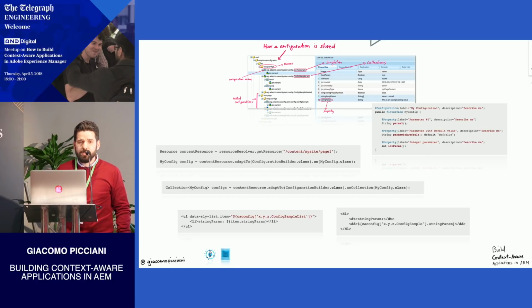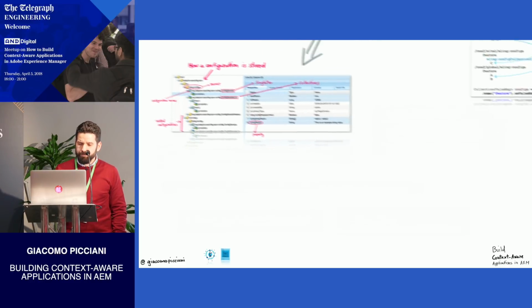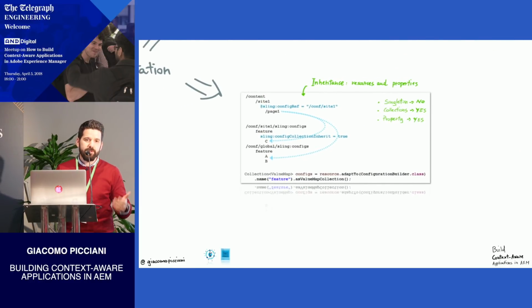It's very, very easy. I did some simple projects on my own. Really recommend it. And then the last one is inheritance. This default module is also able to inherit resources but also properties. That means that when you have inheritance enabled and you request a configuration for a specific content, the module is able to merge different configurations and return a single object.